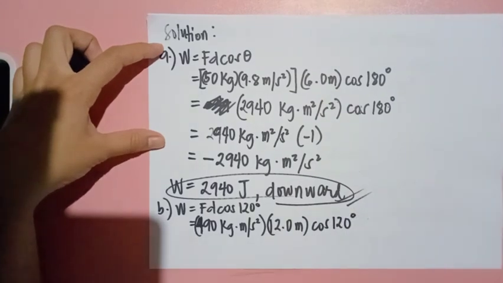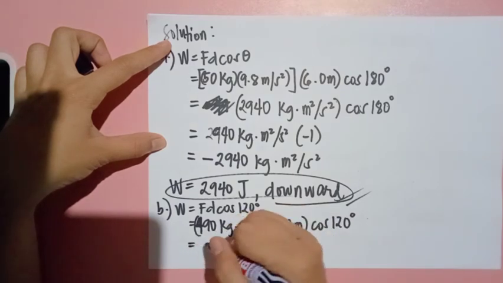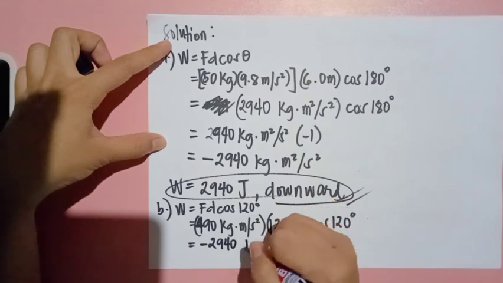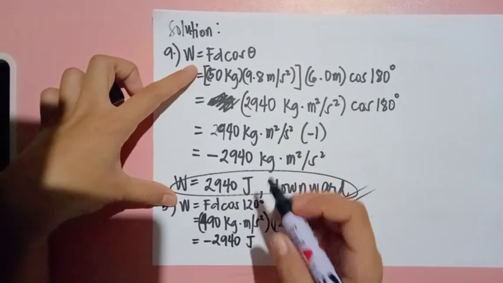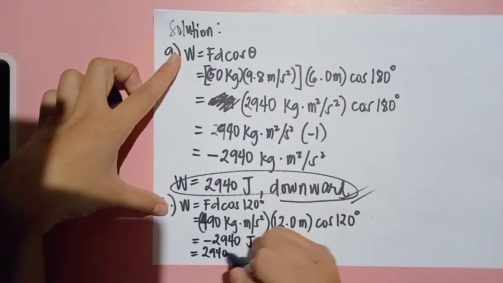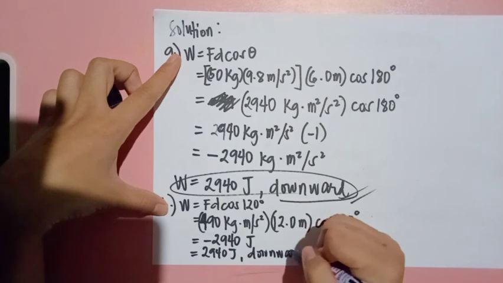Alright, so multiply these three values: 490 times 12 times cosine 120, we get negative 2,940 joules, or 2,940 joules still downward.